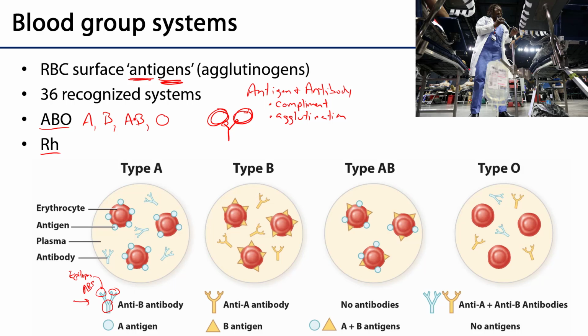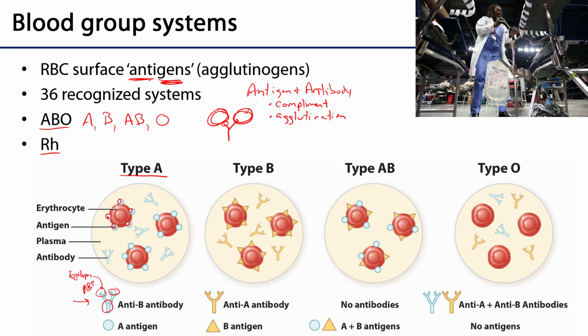Now, these types are enumerated here. So for an individual who is type A, if we're looking under a light microscope, we would not be able to see antibodies here or these surface membranes, but in this theoretical construct, here is our erythrocyte, and the erythrocytes are covered with these A antigens.